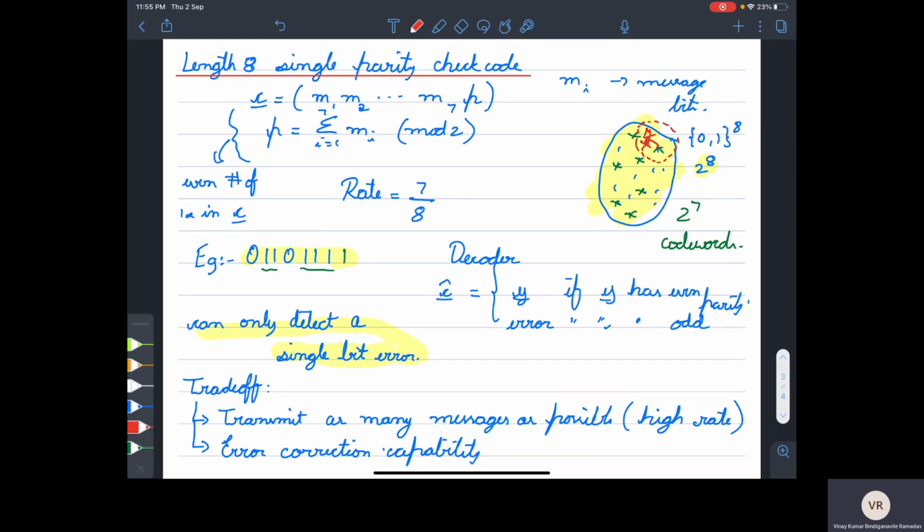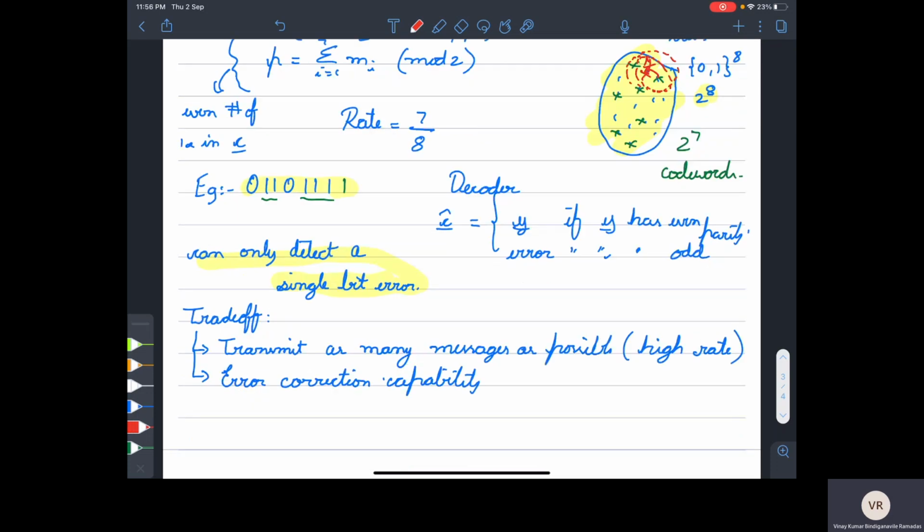However, if you have too many code words in the space, as in the length 8 single parity check code, there might be multiple code words within the neighborhood of the received word, and hence error correction is difficult in this particular scenario. This is the trade-off that I'm referring to here.